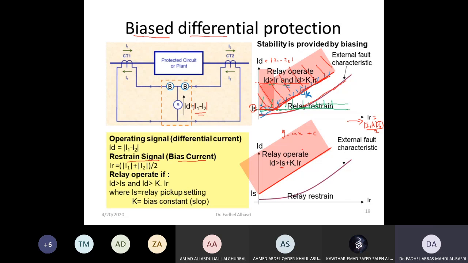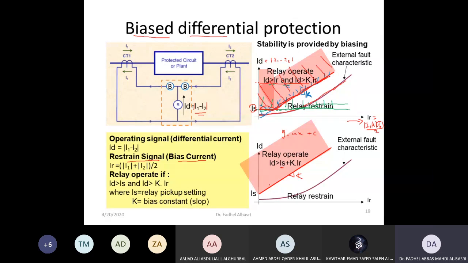This c is IS, and the slope is K, and K is a setting. Now in a differential relay you have two settings: IS and the K setting. That's all I need. Then you compare I differential, which is the absolute difference, with IR, which is another signal, the average of the magnitudes of the two currents over 2.